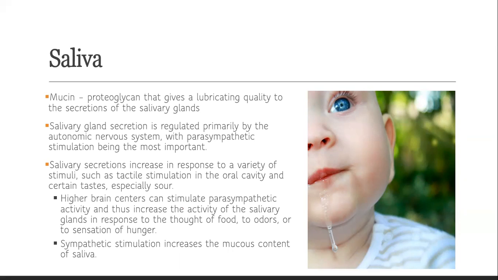Secretions increase in response to a variety of stimuli, such as tactile stimulation in the oral cavity and certain taste, especially sour taste. Higher brain centers can stimulate parasympathetic activity and thus increase the activity of the salivary gland in response to the thought of food, to odors, or to sensation of hunger. Sympathetic stimulation increases the mucus content of the saliva.